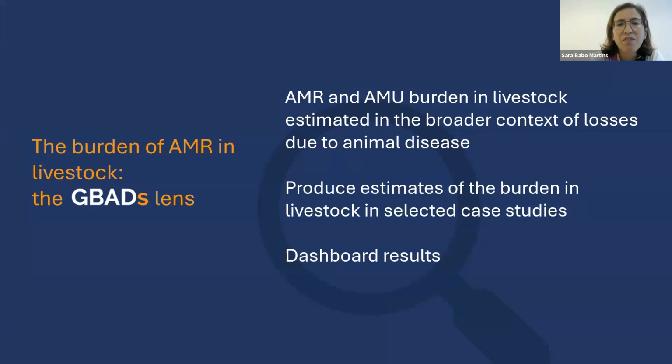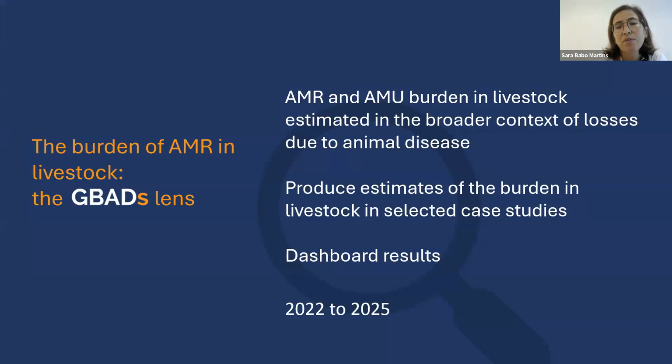We wanted to start to fill this gap by estimating the burden of AMR and AMU in livestock within the broader context of losses. So that's the GBADs approach, and produce estimates for those burdens in selected case studies. So test our methodology, see how they behave, and then dashboard those results to be able to show them to stakeholders and have stakeholders interact with those results in order to eventually make decisions.